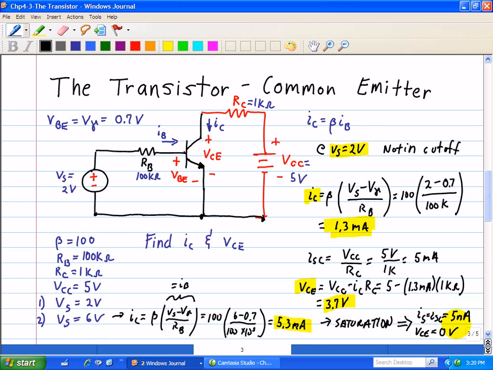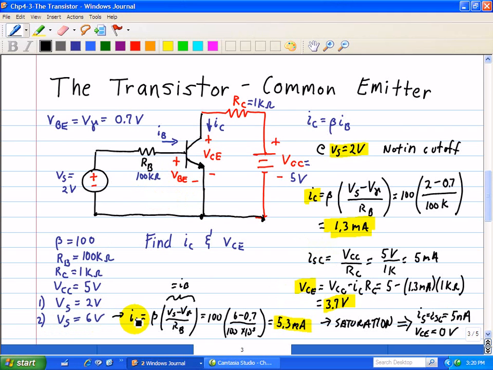So in essence, we tried two different voltages. One at 2 volts, and we assumed it's active mode, and it turns out to be so. IC is 1.3 milliamps, which is less than the 5 milliamps short circuit current. Now when Vs is 6 volts, we see that the transistor is conducting.